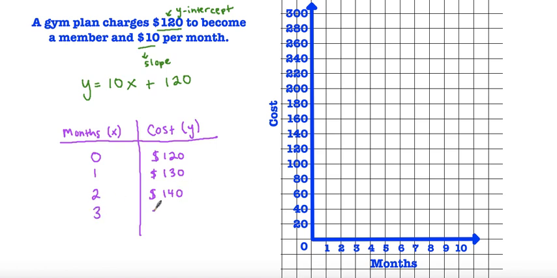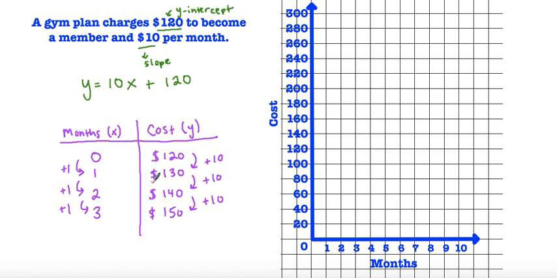After 3 months, an additional $10, so $150, and so on. So here, our table is increasing by 10. Well, our y values are increasing by 10 because it costs $10 every month it increases by.